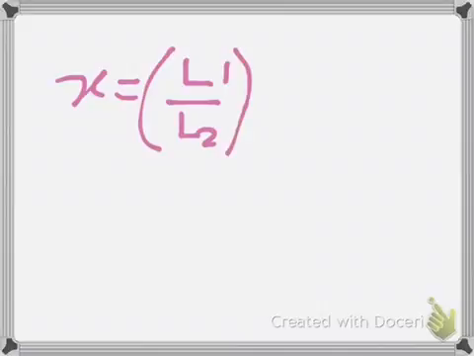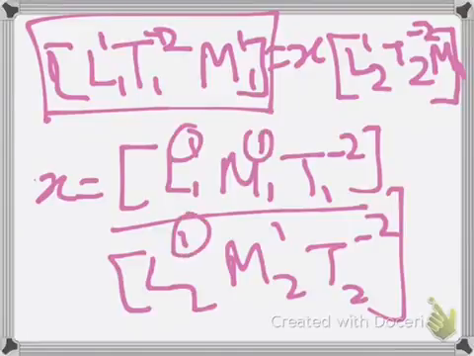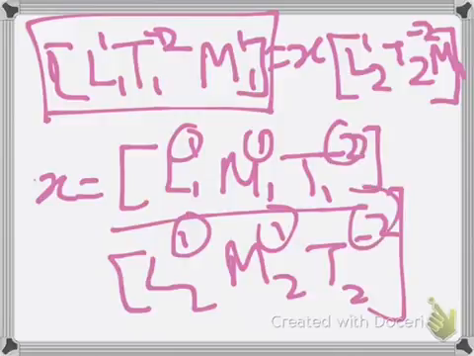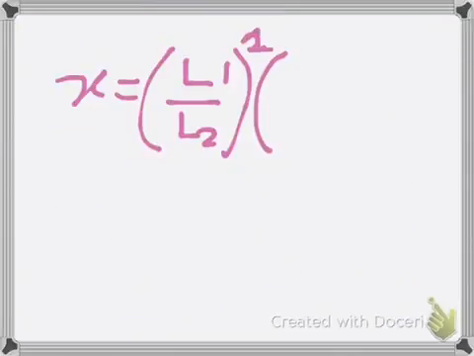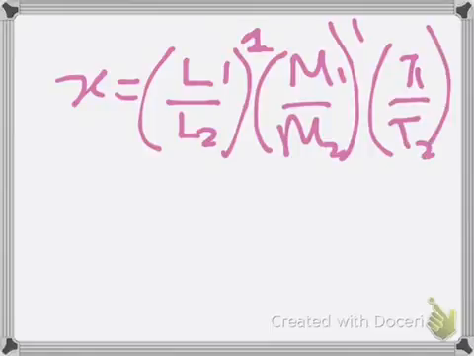So now x will be equal to L1 upon L2, they will have the same powers, they will inherit the powers. So this is L1 upon L2 to the power 1, M1 upon M2 to the power 1, and T1 upon T2 raised to the power minus 2.